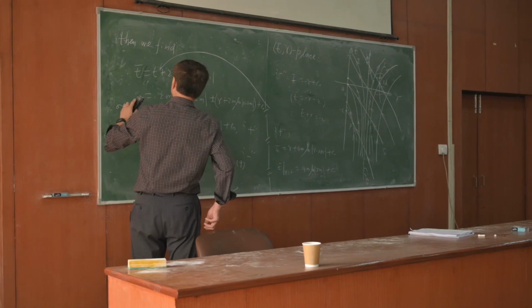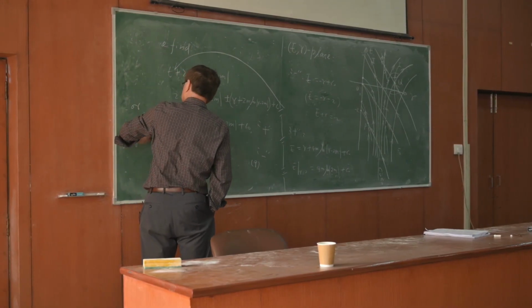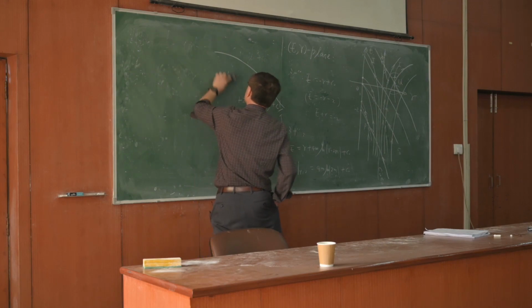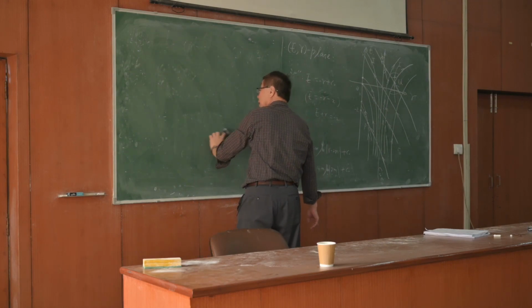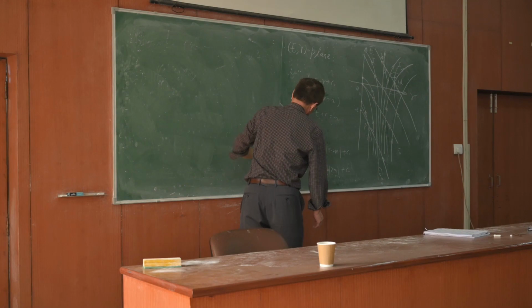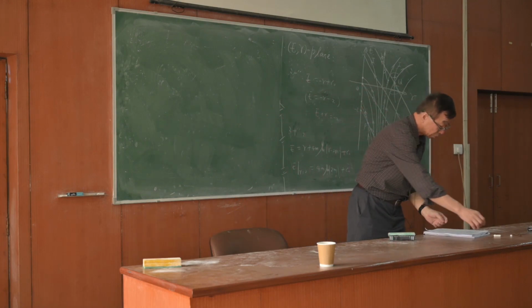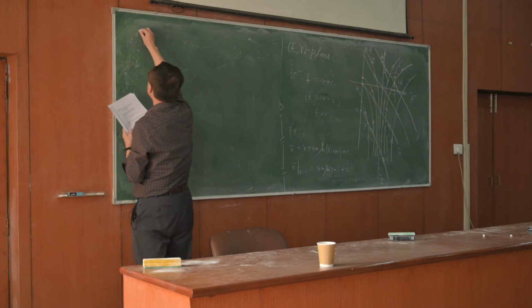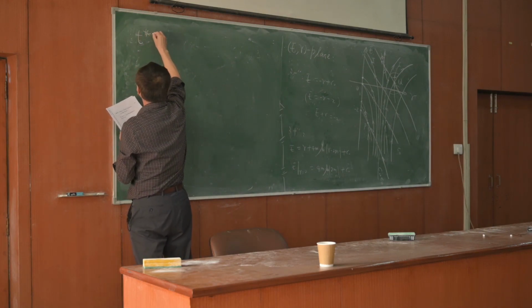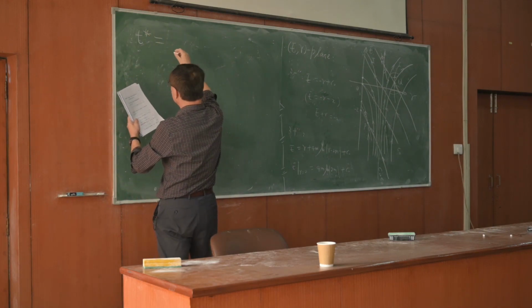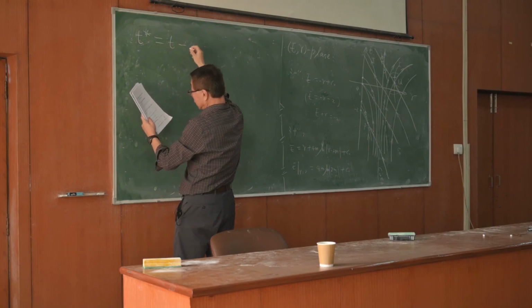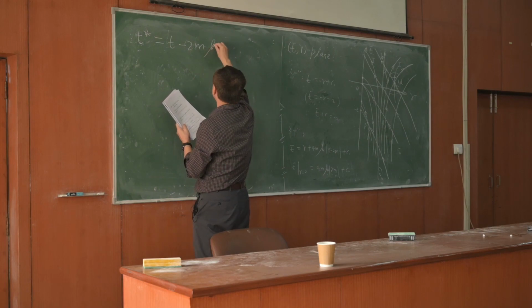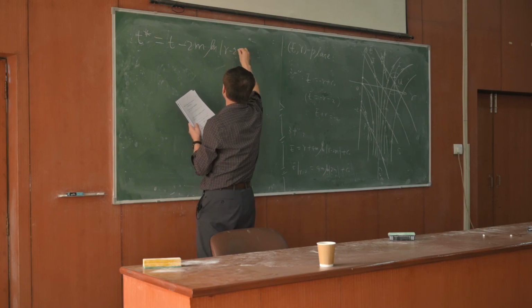Okay, so now we want to see what's happening if we use T star. We define T star as T minus 2m log R minus 2m.